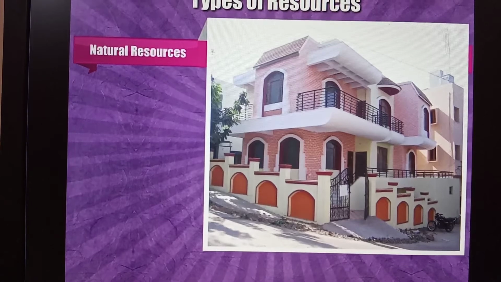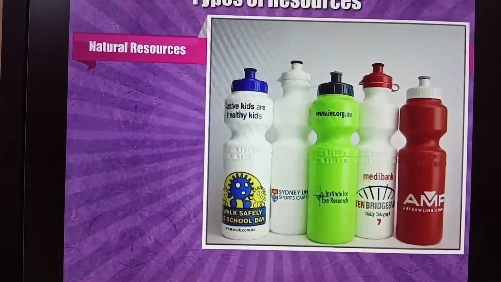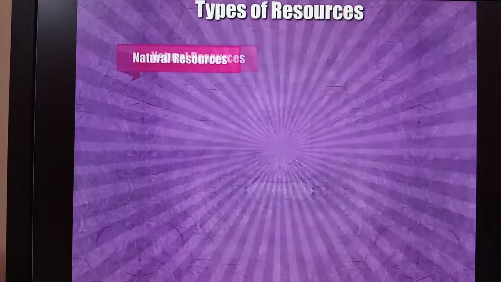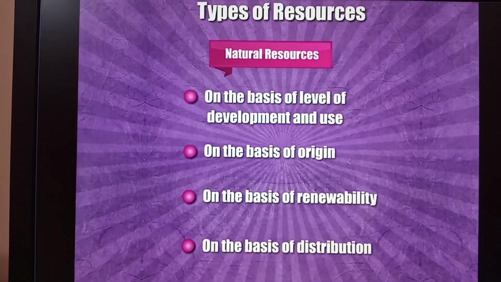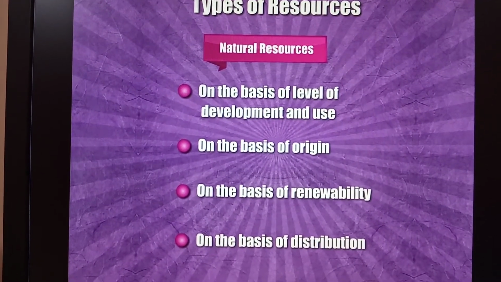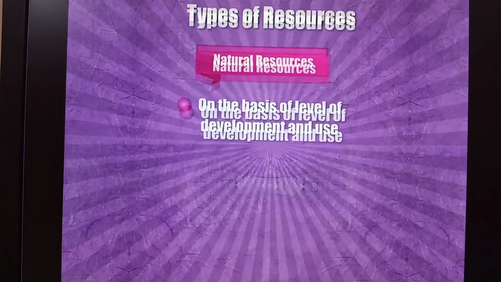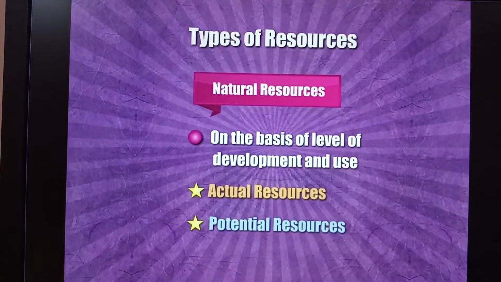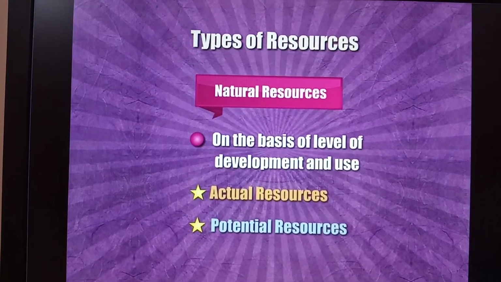In fact, our homes, clothes, food, and plastics are all made from natural resources. Natural resources can be further classified on the basis of level of development and use, origin, renewability, and distribution. On the basis of level of development and use, resources can be classified as actual resources and potential resources.